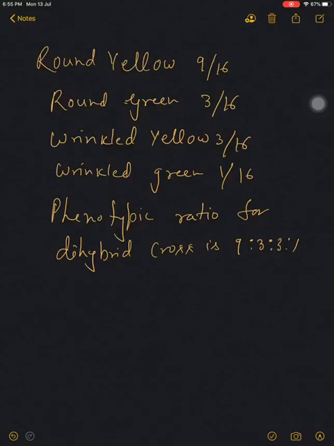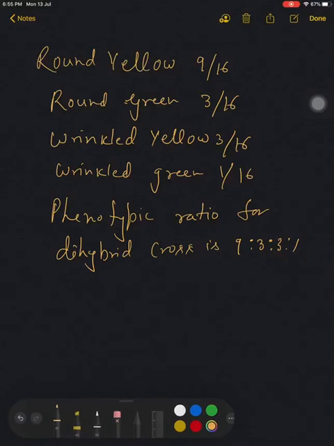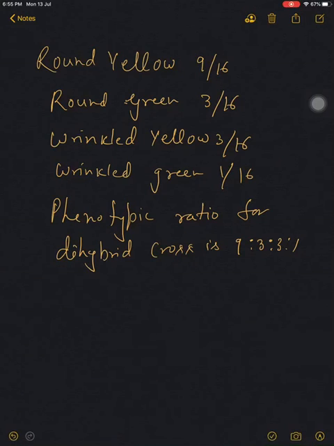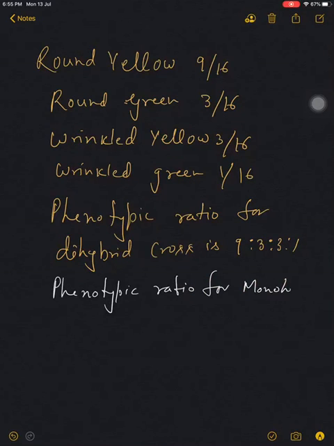But how will you find out the genotypic ratio? There is a very simple formula you can use to find out genotypic ratio. As you know, the monohybrid cross phenotypic ratio is 3:1.